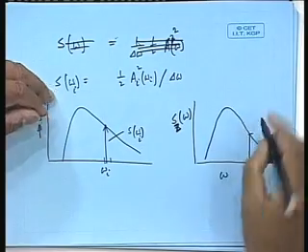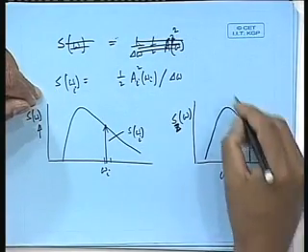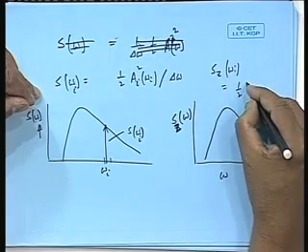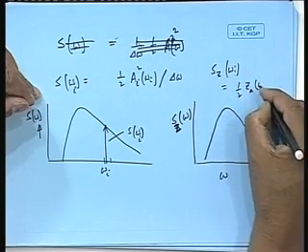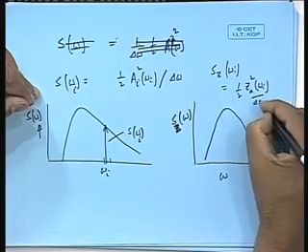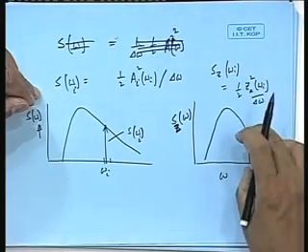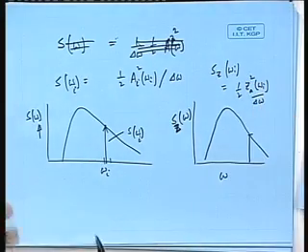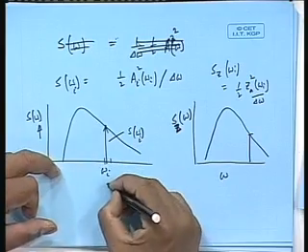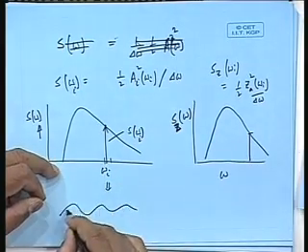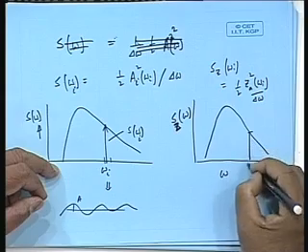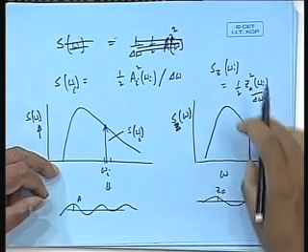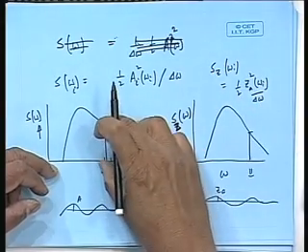So S Z omega I must be equal to half of Z A omega I square divided by delta omega, because Z A omega I is the amplitude of the response at that frequency. This particular wave is a wave of this frequency with a certain height of A, and this is the same frequency with a height of Z A. So what you are plotting here is Z A square, and what you are plotting here is A square.